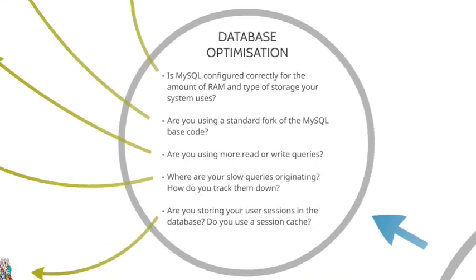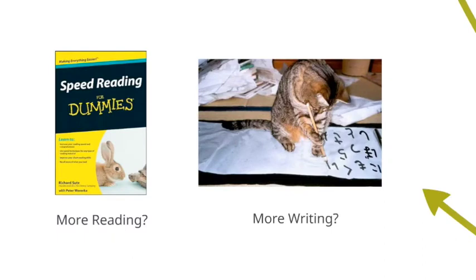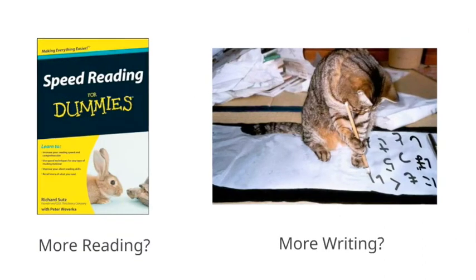The next stage of database option is deciding whether you're using more read queries or more write queries. Now, in an e-commerce website, the write queries are basically happening when a customer puts something in their cart, when they create a username and password, and when you're actually adding products in the Magento backend.